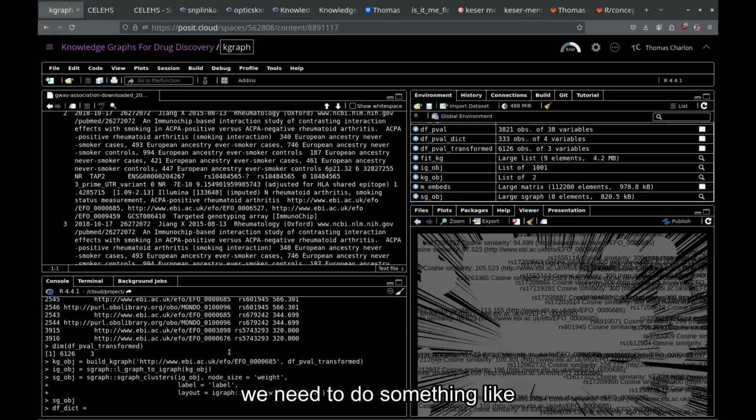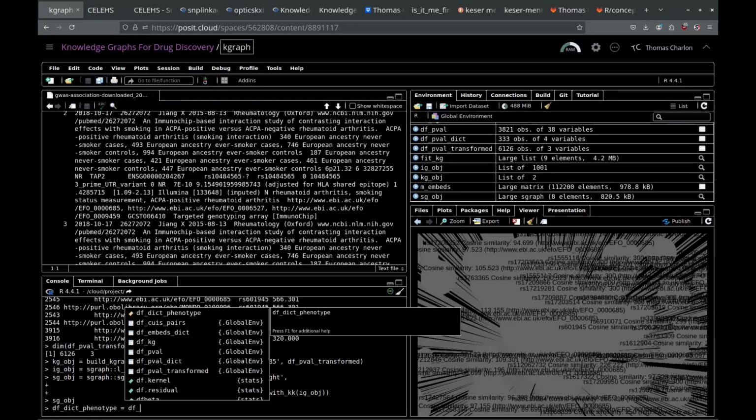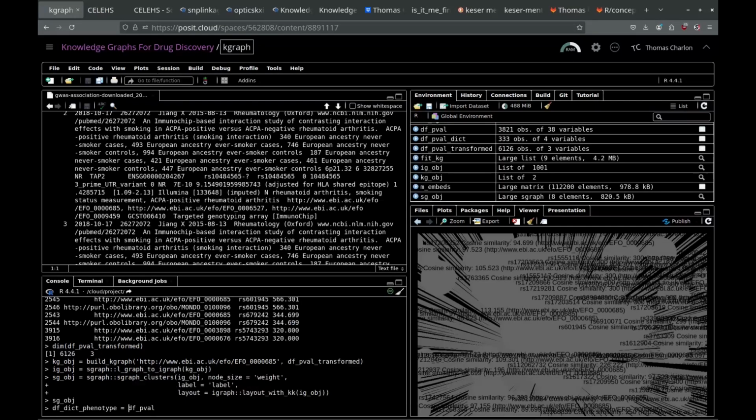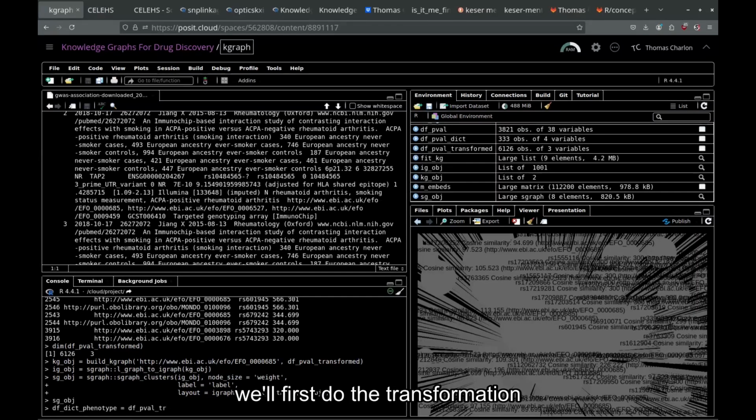We need to do something like prepare our phenotype data frame. This was our initial data frame. And this one with the reshaped, we'll first do the transformation.